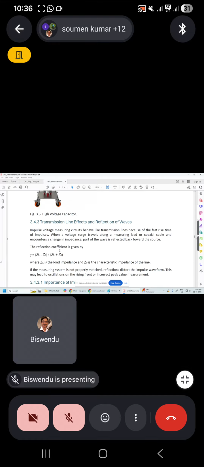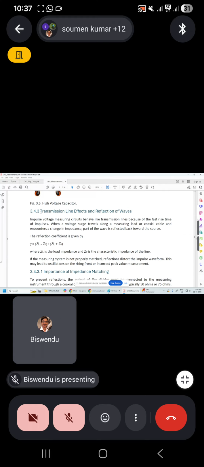Now, this is very important: transmission line effects and reflection of wave. You have read in third year about the reflection of waves.